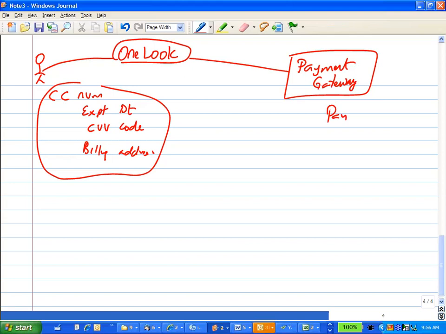PayPal is one of the biggest ones. Google Checkout, perfect, a new kid on the block. Which are other big ones? Payment Tech.